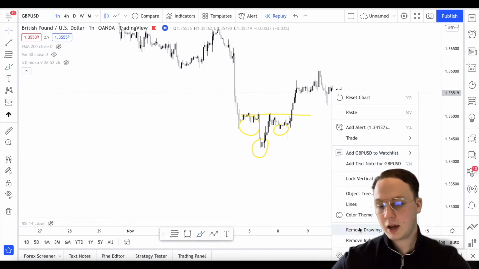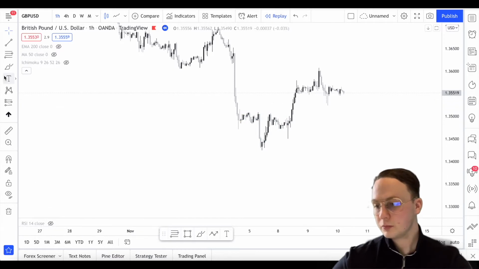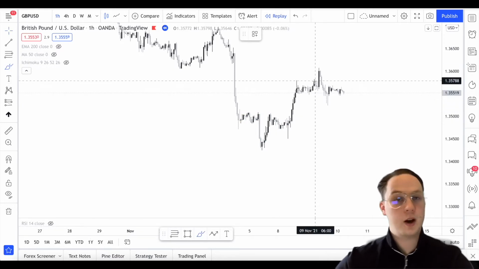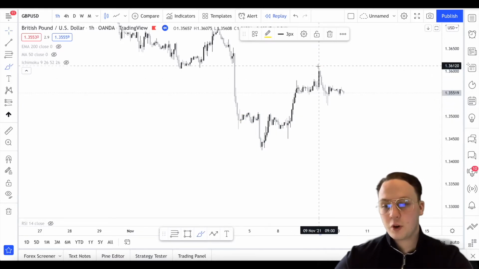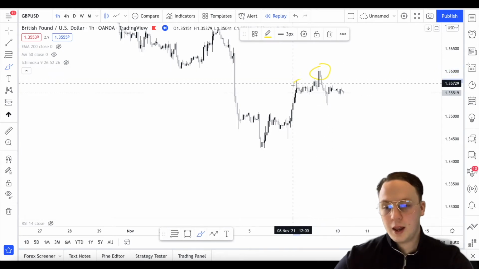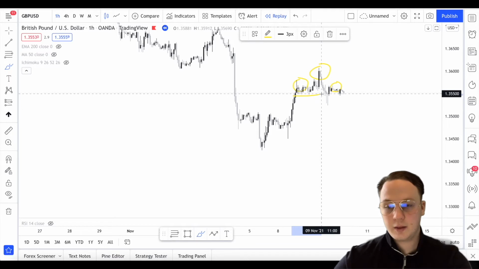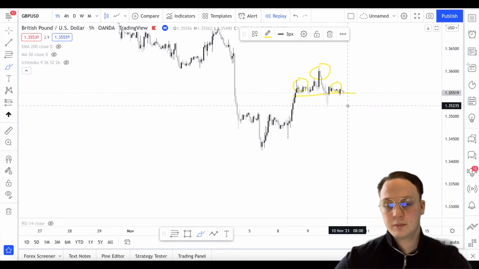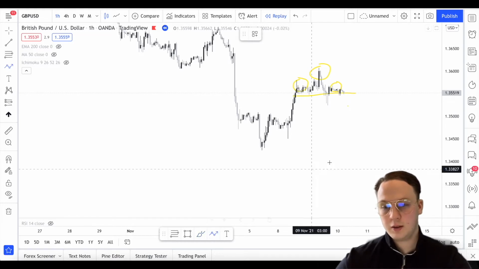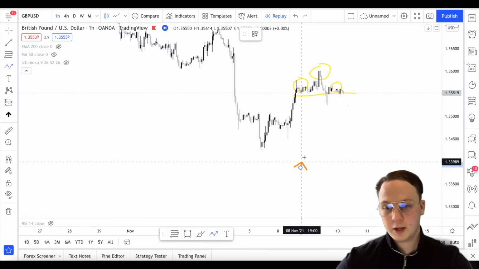So now looking at our actual example, what we've got here, and hopefully you've identified it already, is we've got our head, we've got our left shoulder, and our right shoulder. And then right down here is our neckline. Hopefully you guys can all see that. So I'll draw it on again. We've got the push to the upside.